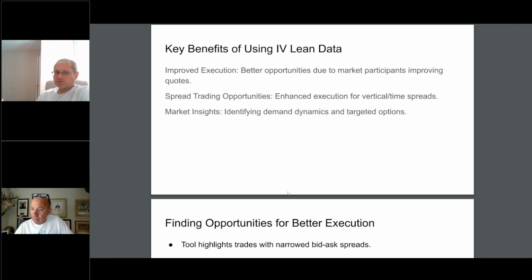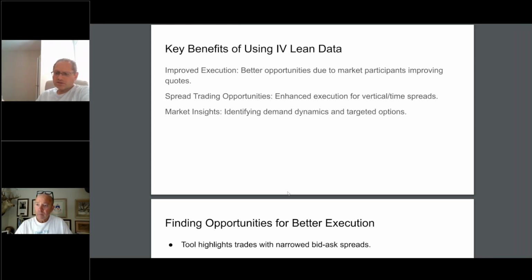And another opportunity is for spread traders, and we'll talk about that. But if you're looking to do a spread and you could get a better execution on one of the legs, or maybe both of the legs, knowing where those liens are could really help you gain a trading edge by detecting those liens.